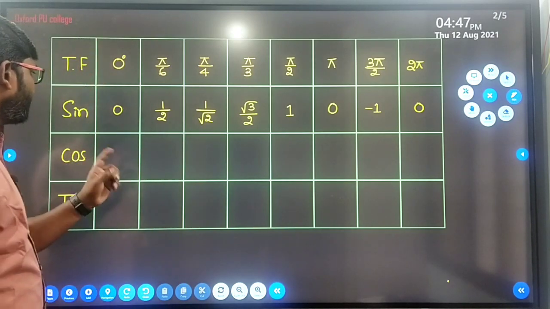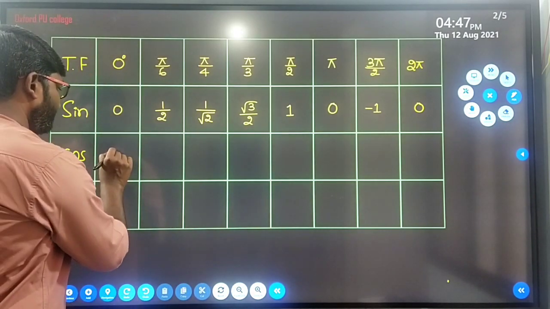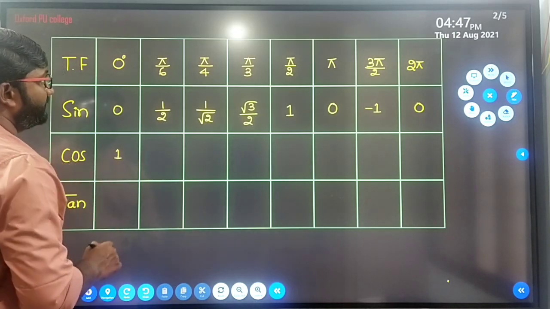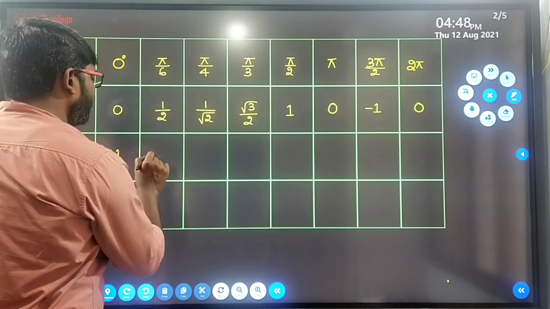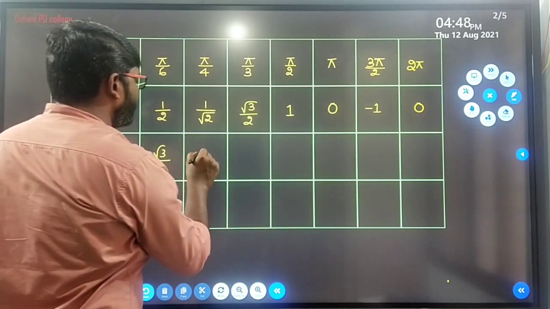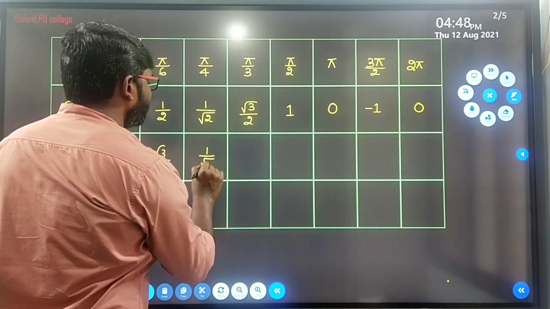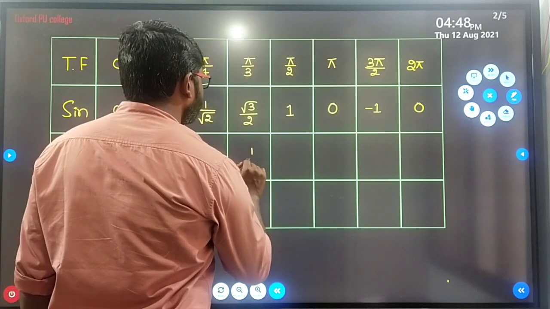So now come to cos. Cos 0 degree the value it will be 1. Then cos pi by 6 or cos 30 degree it will be root 3 by 2. Then cos pi by 4 it is 1 by root 2 as it is. Then cos 60 degree it will be 1 by 2.